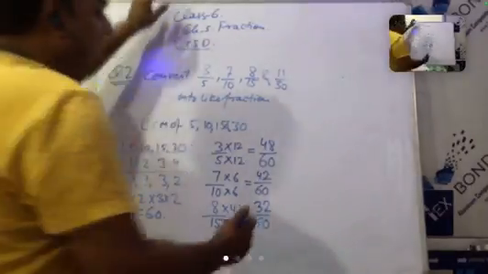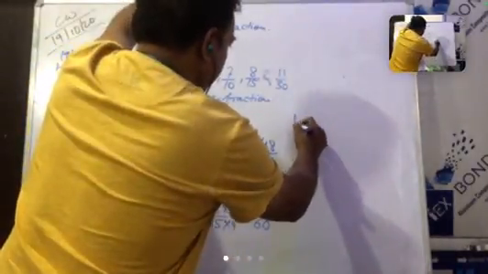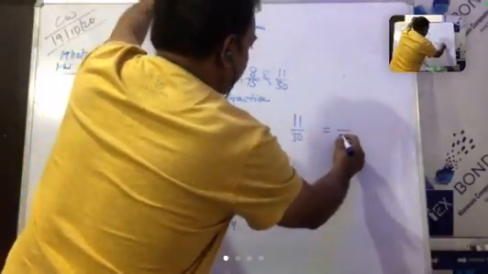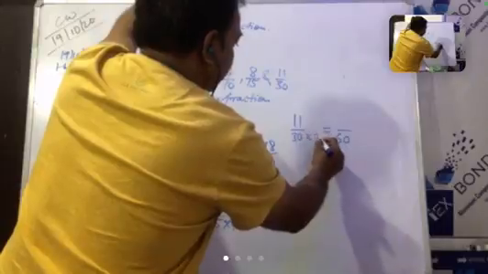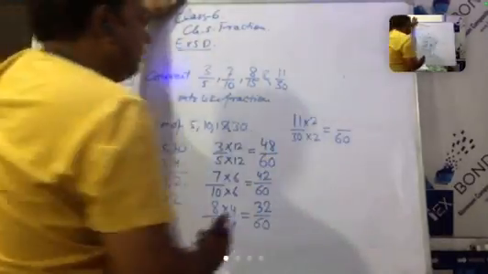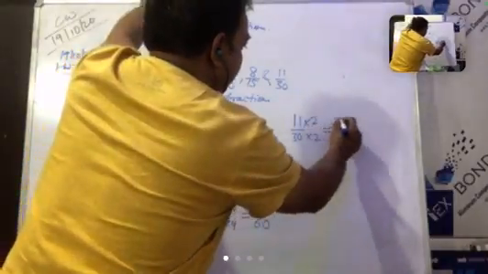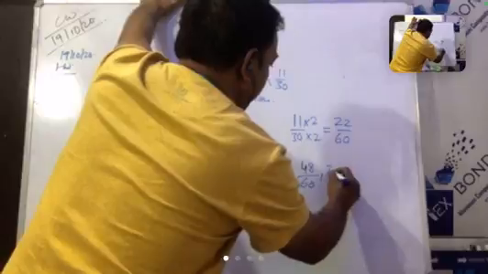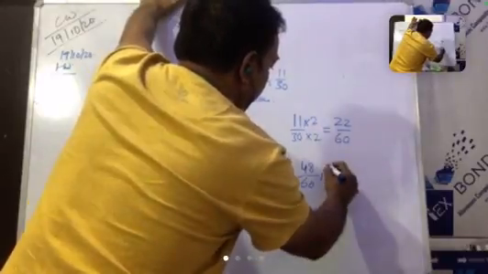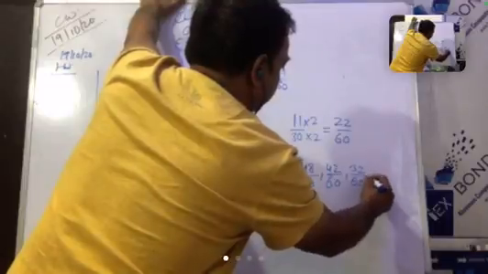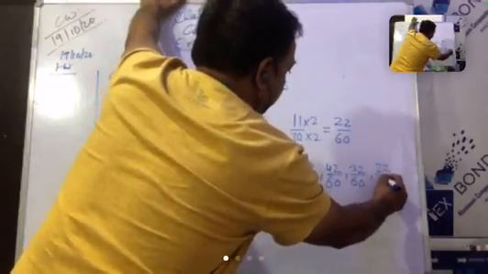Now the last fraction, 11 upon 30. The required denominator is 60. So 30 times 2, and the same number is multiplied with the numerator also. 11 twos are 22. Now we have 36 upon 60, 42 upon 60, 32 upon 60 and 22 upon 60.